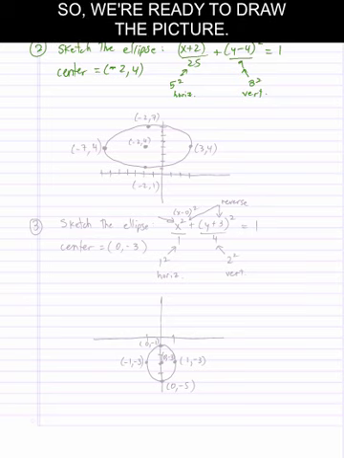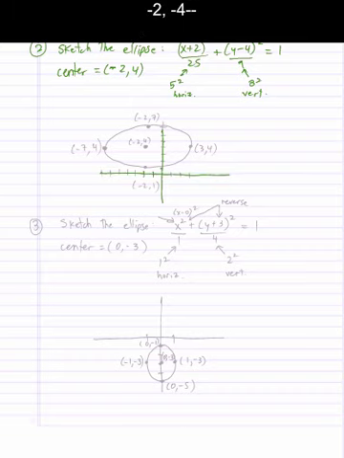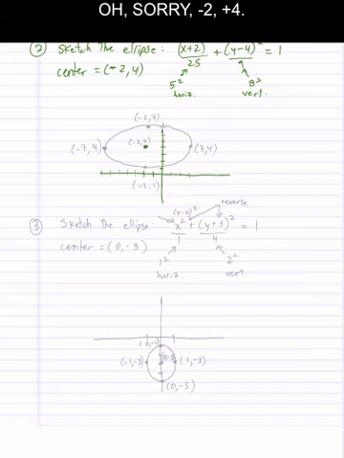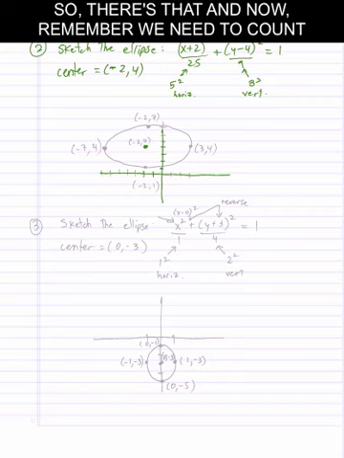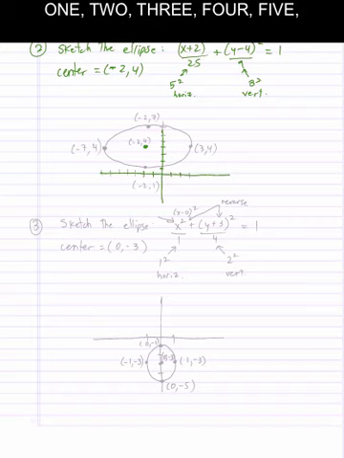So we're ready to draw the picture. Believe it or not, that is all it takes. Negative 2, negative 4. Oh, sorry, negative 2, positive 4. So there's that, and now remember we need to count. To the left and right, we need to count 5. 1, 2, 3, 4, 5.